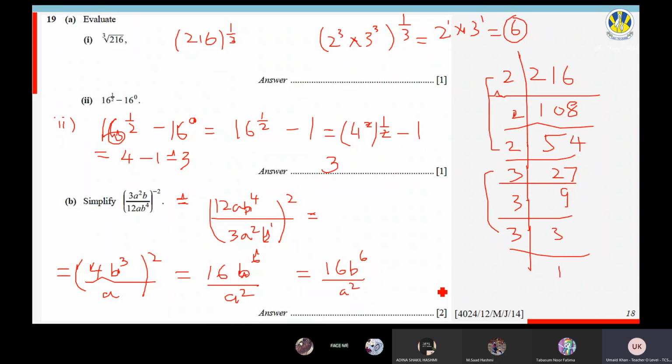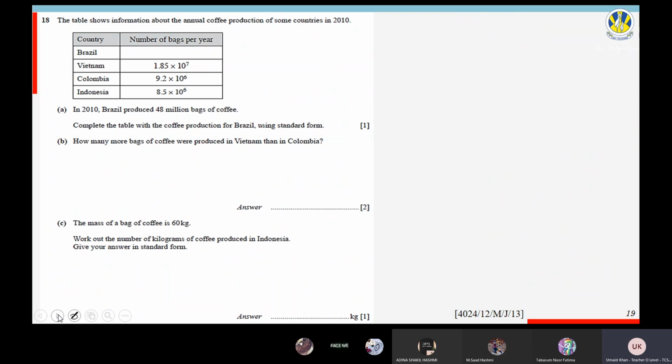Now it's not necessary to convert the power from negative 2 to positive 2. If you allow the power to remain negative, you will still get the same answer. This is just one possible solution. Any question, any confusion? No, sir.